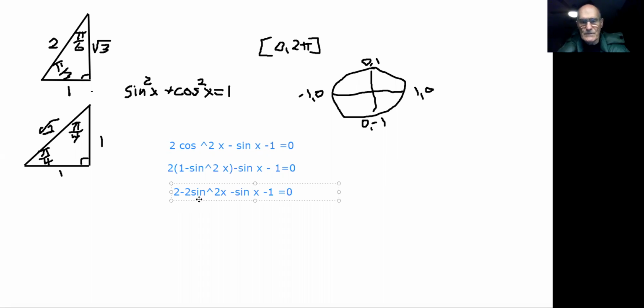What I like to do is bring this across to the right side so that there is a positive.